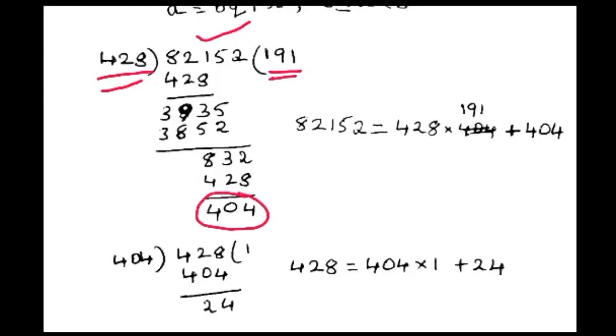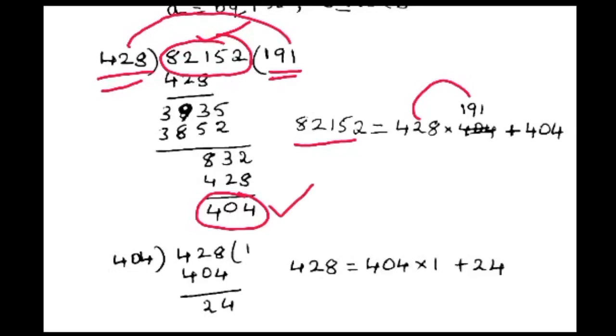Therefore, the dividend can be written as the product of divisor and quotient plus remainder. 428 is the divisor, 192 is the quotient, plus remainder. Dividend equals product of divisor and quotient plus remainder. So we have noted that down.